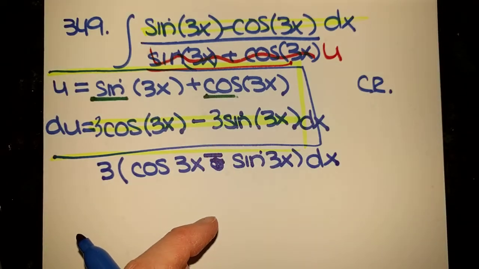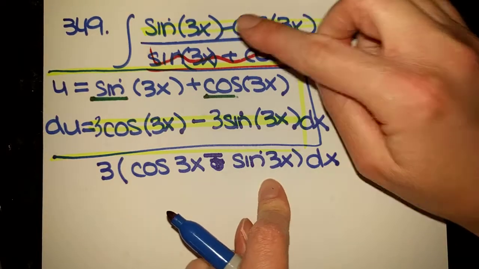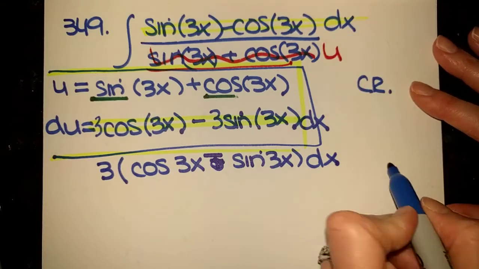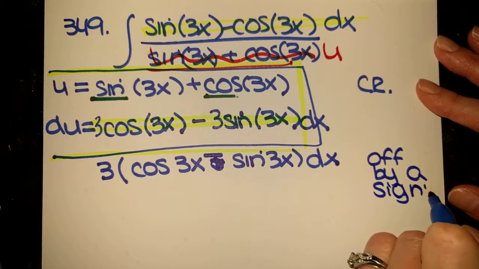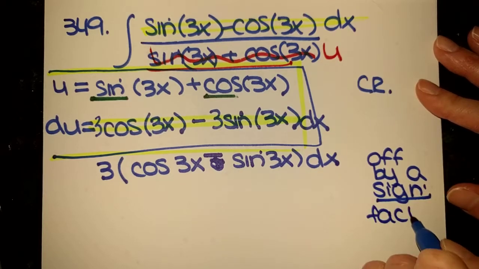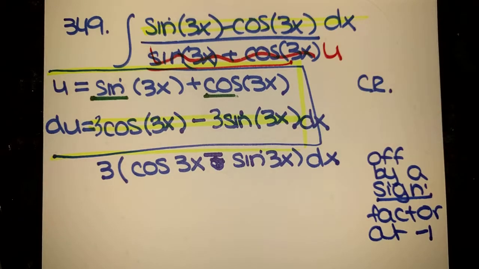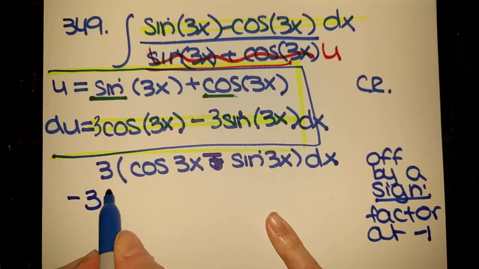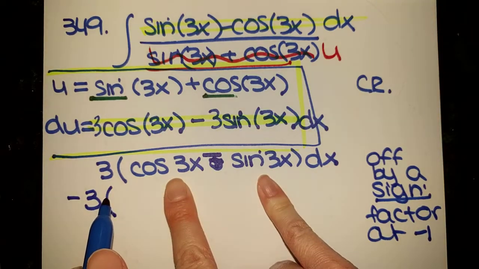Now, the problem though is that we're off by a sign. So here we have a positive and here we have a negative, same thing, here we have a negative, here we have a positive. So because we are off by a sign, what we're going to do is make the executive decision to factor out a -1. And that will switch the signs for us. So we factor out a -1, and that will give us -3. Now, when you factor out the -1, that's going to change the signs inside of this factor.